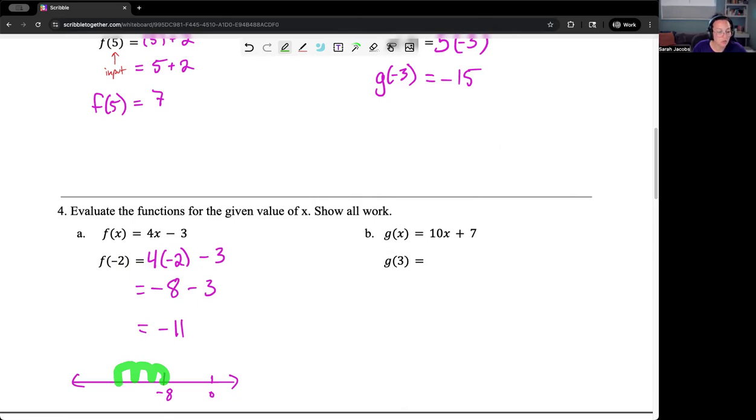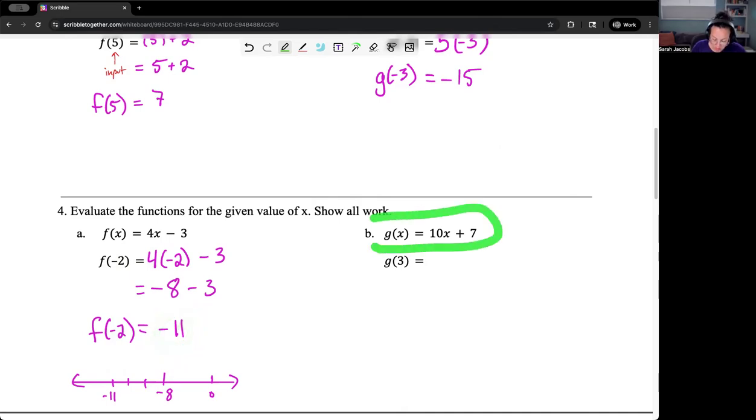Subtraction goes to the left, right? That's going to take us -9, -10, -11. And so that's how that subtraction is working. So our final answer here then is that f of -2 is equal to negative 11. When the input is negative 2, the output is negative 11.